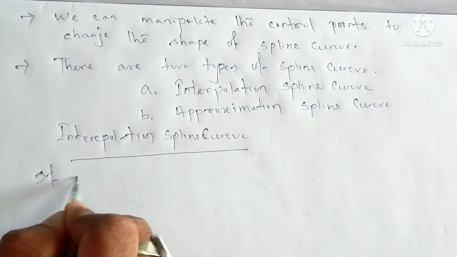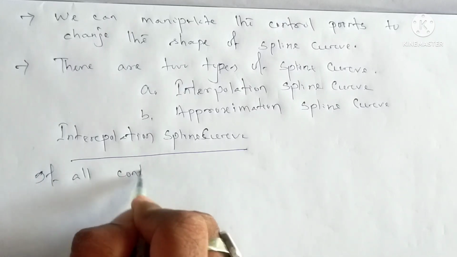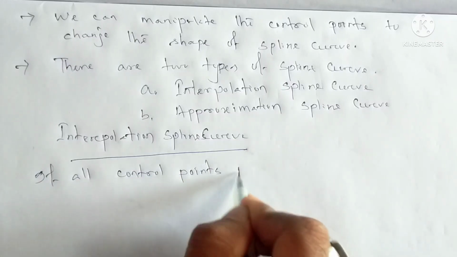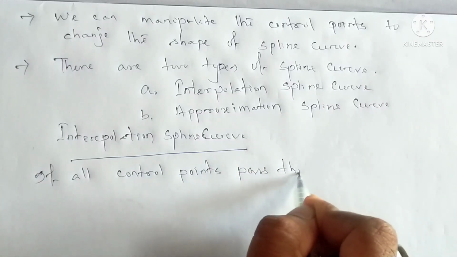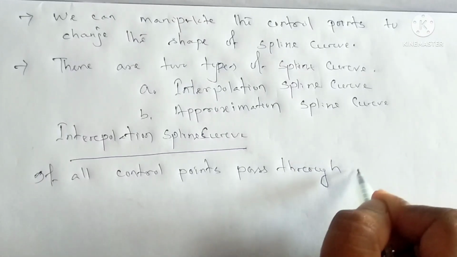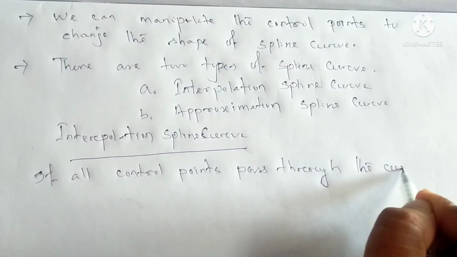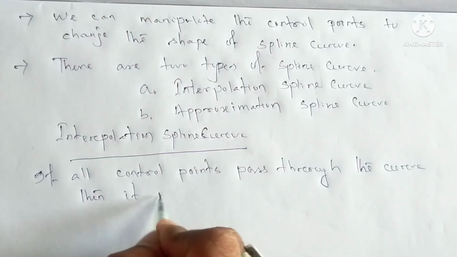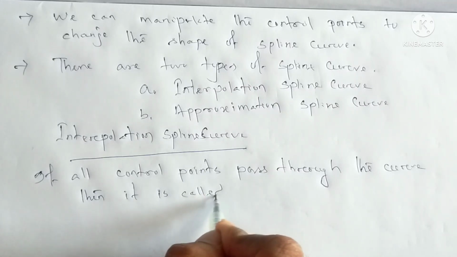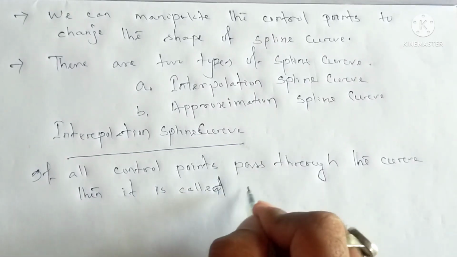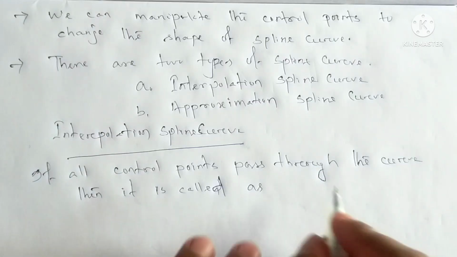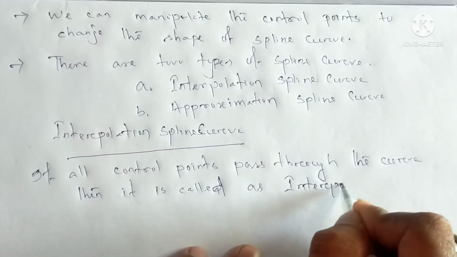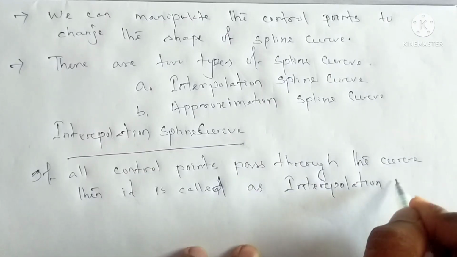If all control points pass through the curve, then it is called an interpolation spline curve.